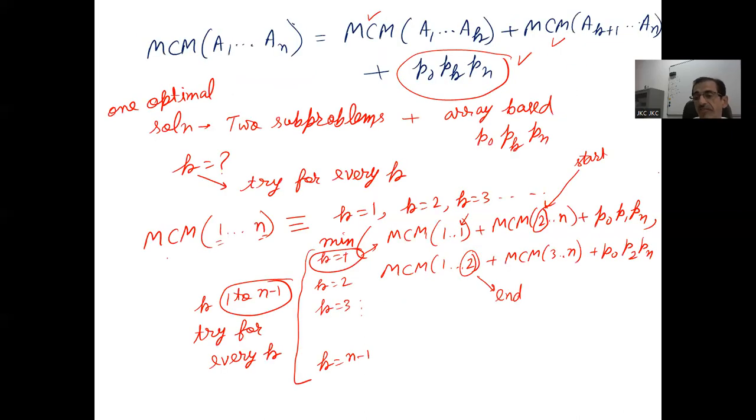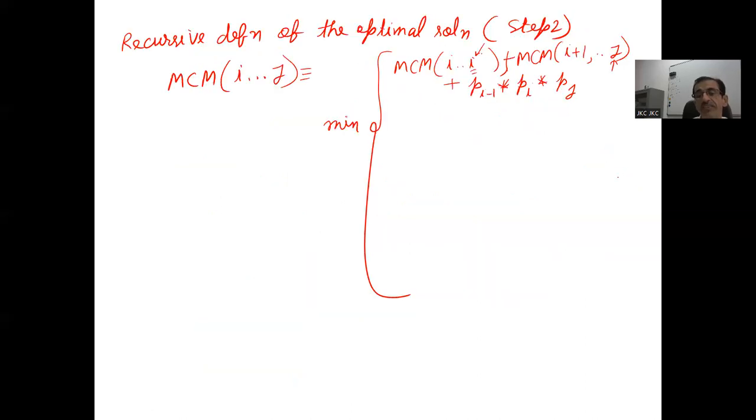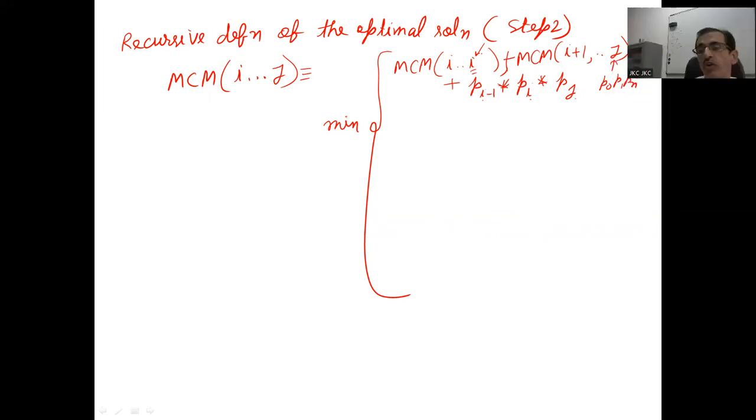Just recall, here we had k as 1 and i as 1, so I had P0. Here also, if i is 1, this will be P0. K is 1, P1, and j is n, Pn. So I had earlier used P0, P1, Pn when my values were known: i was 1, j was n, and this was k.